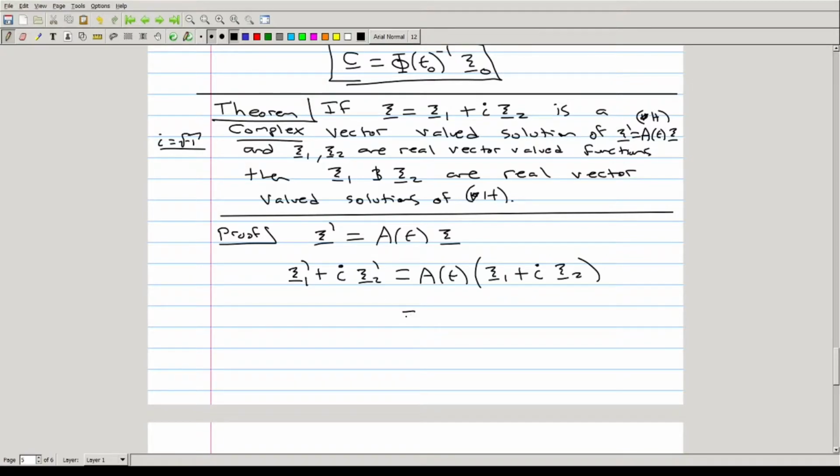So this expression can be rewritten as the matrix A of T times xi1 plus I times A of T times xi2.